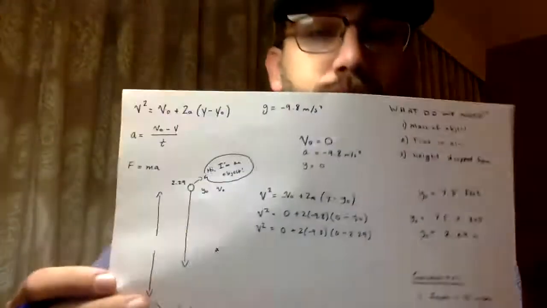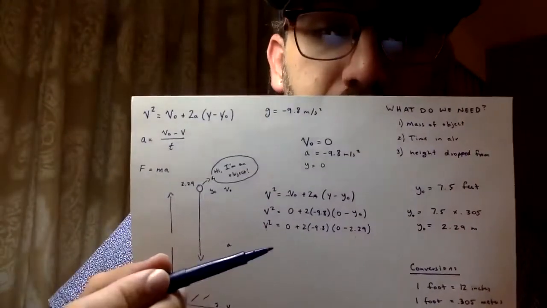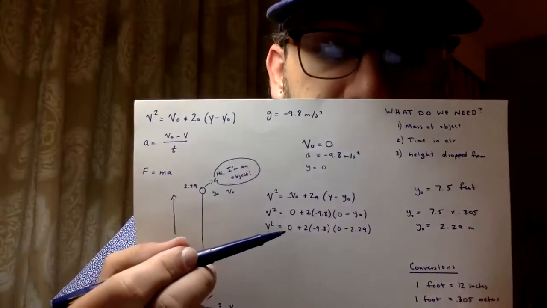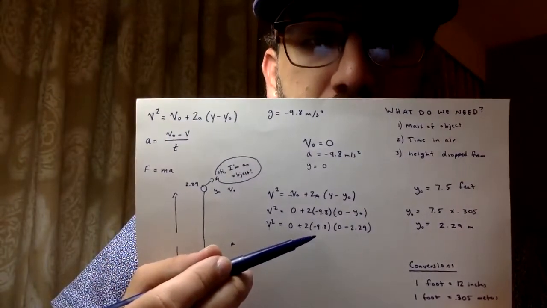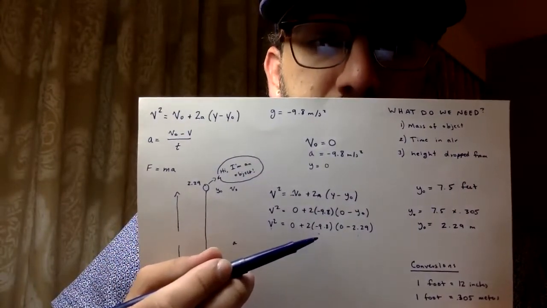All right. So now I've got everything plugged in here. I've got my v sub naught value, which is 0. I've got my a value in, which is negative 9.8.